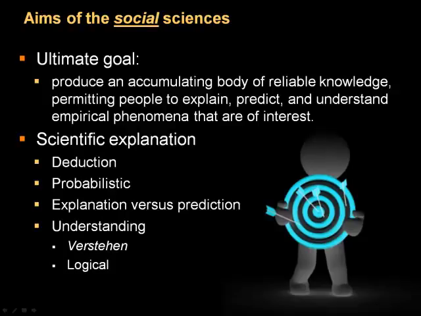Another concept to appreciate is that prediction is the reverse of the process of explanation. When we explain, we're looking backwards: why did that occur? Prediction is what is likely to occur, which involves a probabilistic assessment of what is probably going to occur, given what we know has occurred in the past.